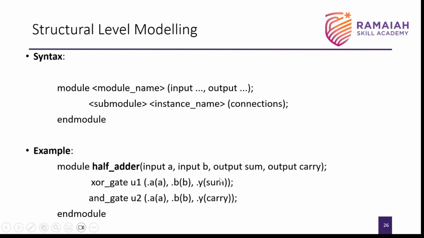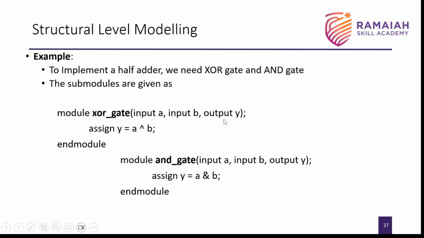These port connections can be done in two ways, port mapping by name or port mapping by order. I'm not discussing that right now. I just want to show you this syntax. So this main module's inputs and outputs are connected with the submodule's inputs and outputs.